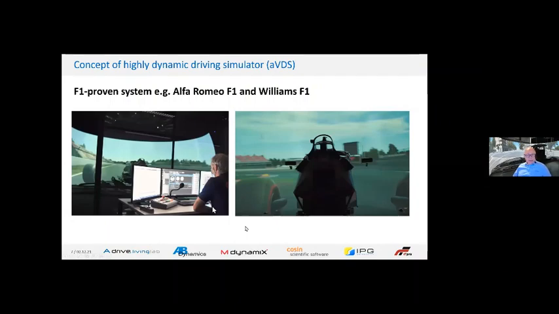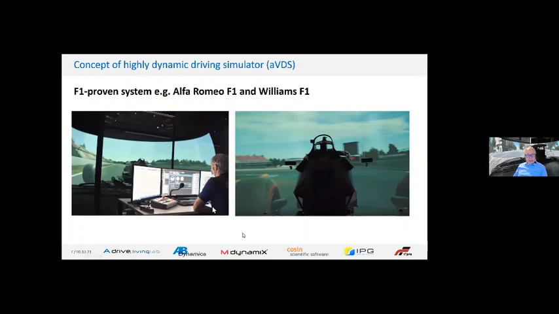So the simulator came off the Formula One, was developed by McLaren and handed over to Williams Formula One. And today 3 Formula One teams use the same concept of a driving simulator. It's McLaren, Williams, and Alfa Romeo, Sauber, you can say it was a Sauber.